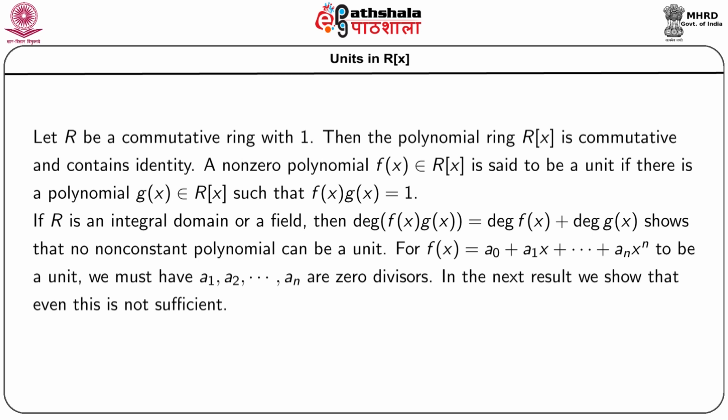Thus, for f(x) equal to a_0 plus a_1 x plus so on plus a_n x^n to be a unit, we must have a_1, a_2, ..., a_n being zero divisors. In the next slide, we show that even this is not sufficient.